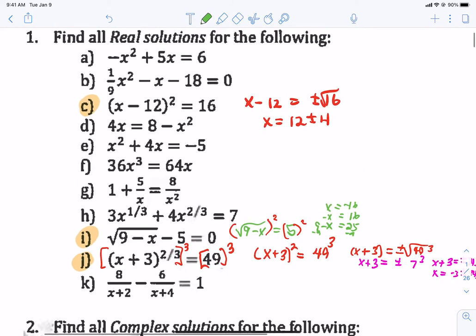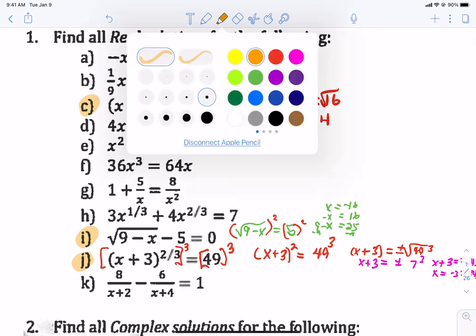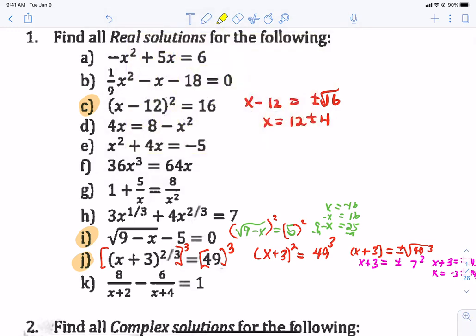Now I would like to take a look at the ones that are quadratics. So let's take a look at A, B, D, E. Yeah, let's take a look at those 4. Now those are all quadratics. They have 3 pieces in them.